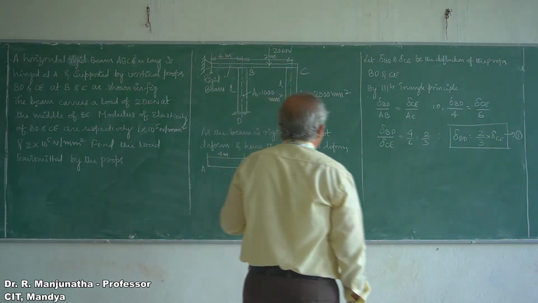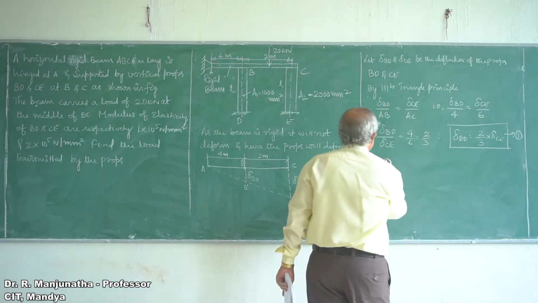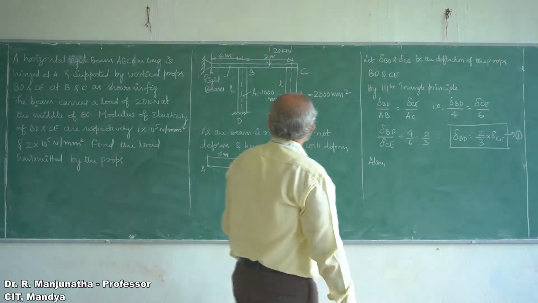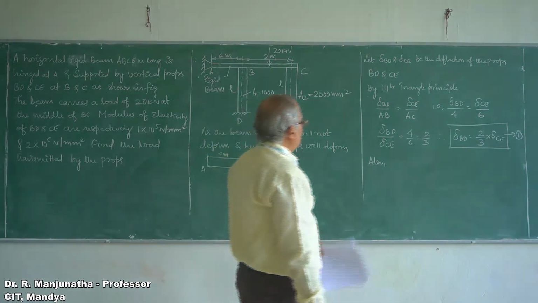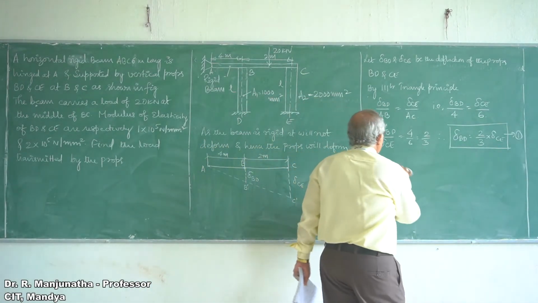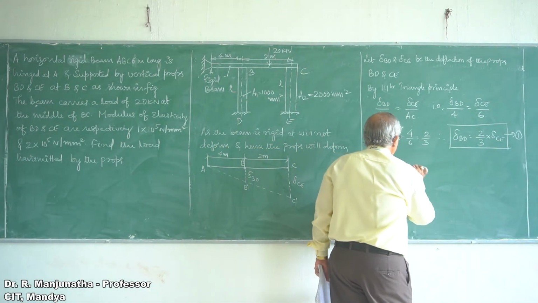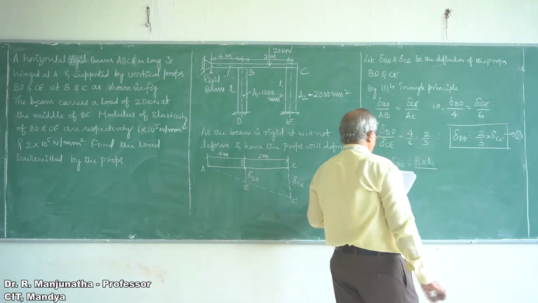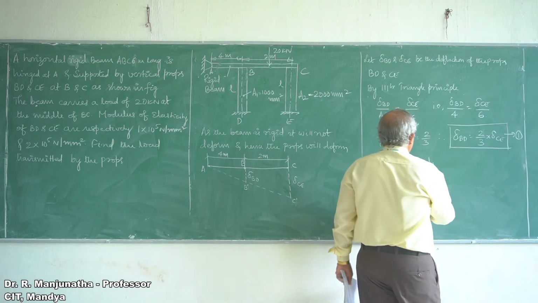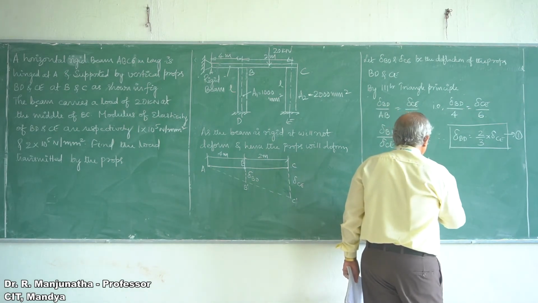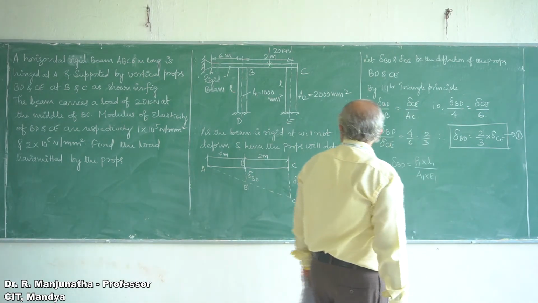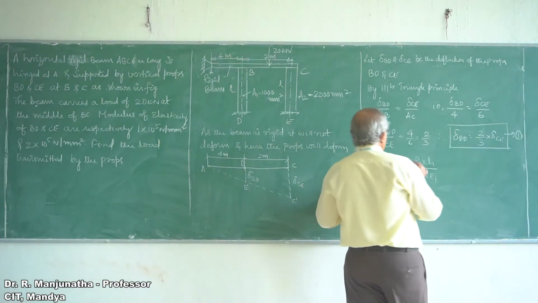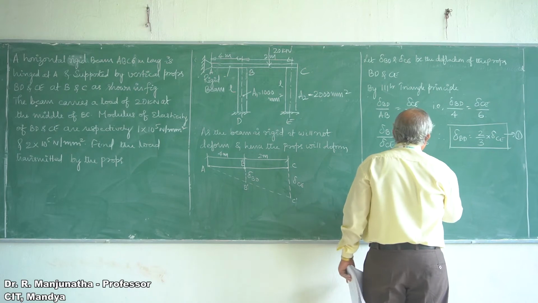Also, delta BD will be equal to P1 into L1 by A1 into E1, where P1 is PBD.